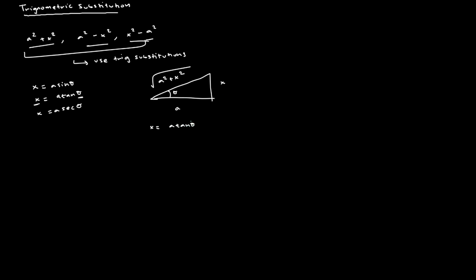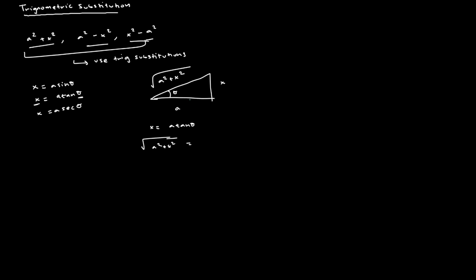That tells me that the square root of a squared plus x squared divided by a is the hypotenuse divided by the adjacent side, right?